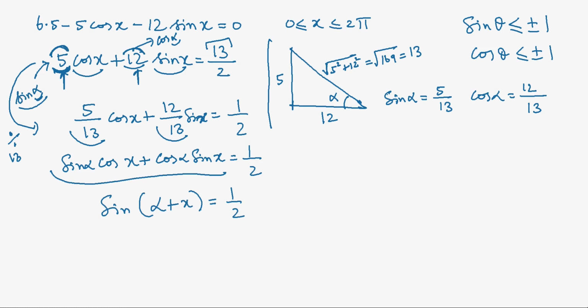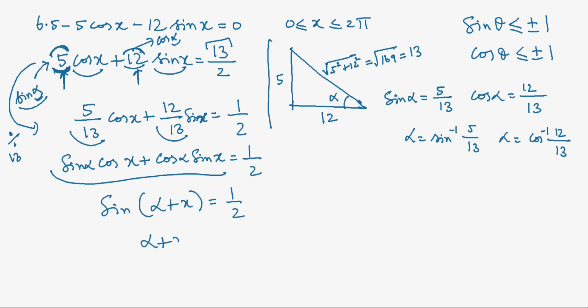Now you see we introduce a new angle. Also, we know that alpha is actually sine inverse of 5 over 13. It can also be cos inverse of 12 over 13. You can use the calculator, but it should be in the radian. Okay, we have to be careful with that.